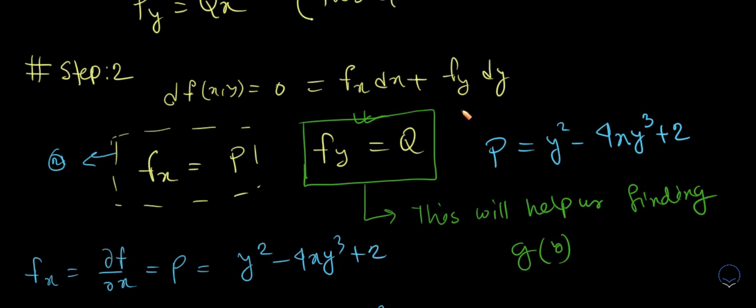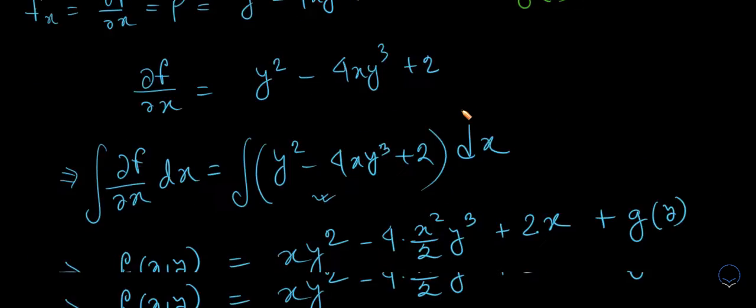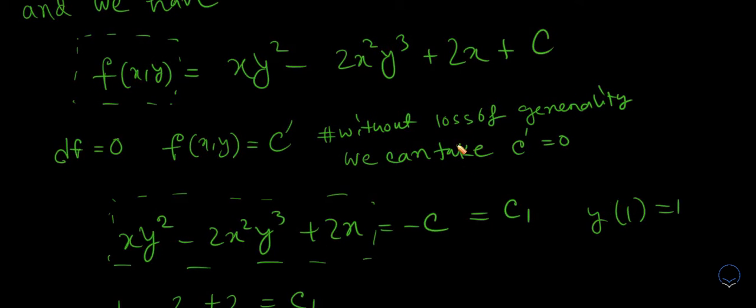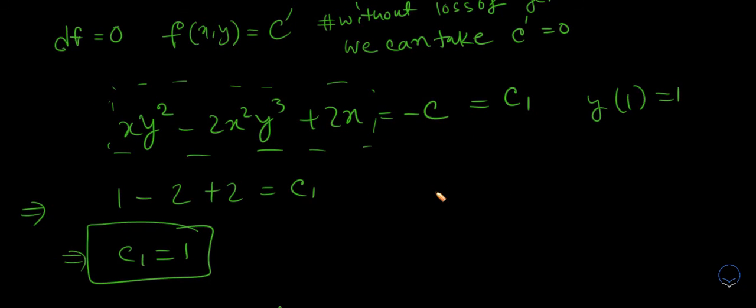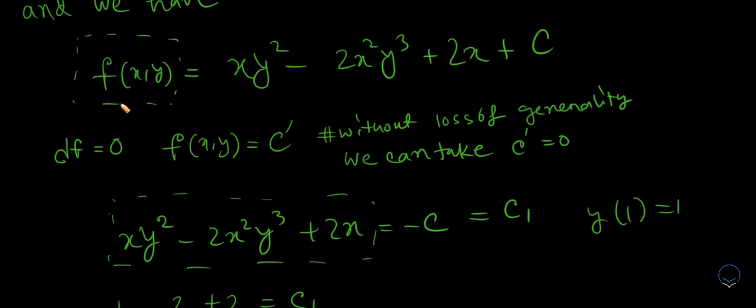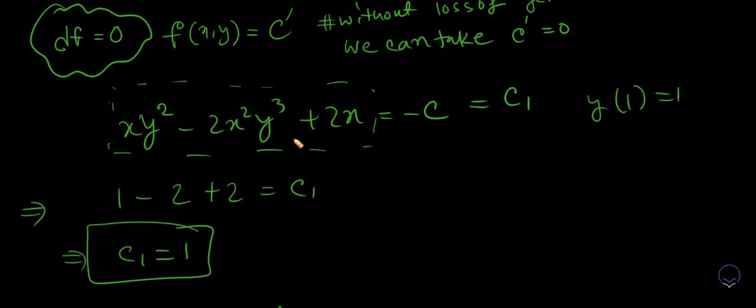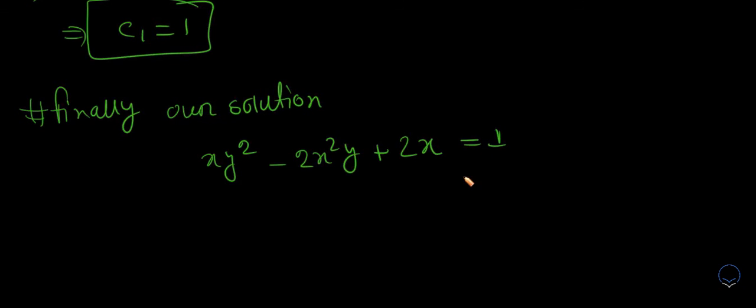To do that, you would need to take the derivative of that f of xy with respect to x, then equate it just like we did here, and finally you would have to take f of xy to be 0. That is the thing we did over here because of this condition that df is 0. And after doing all that, in the same process as we did here, you would end up with the same solution, that is this one.